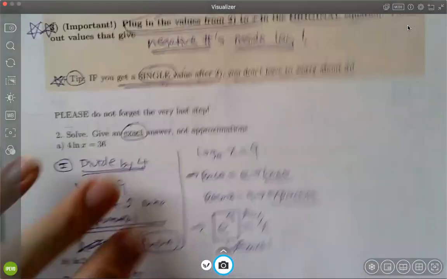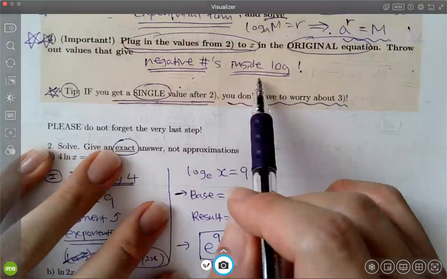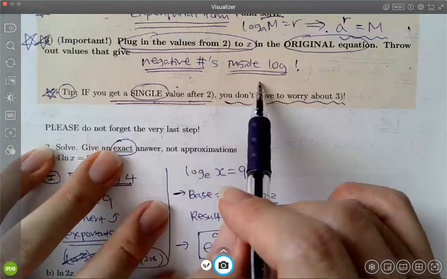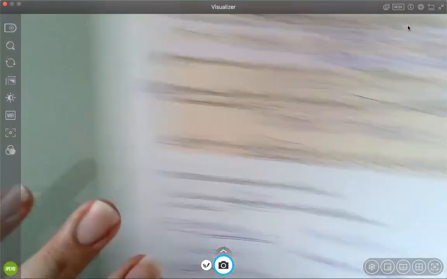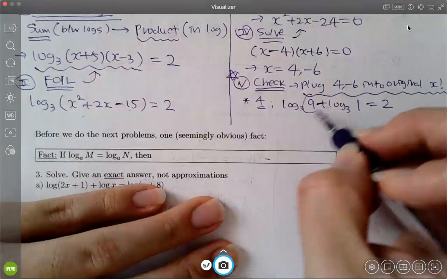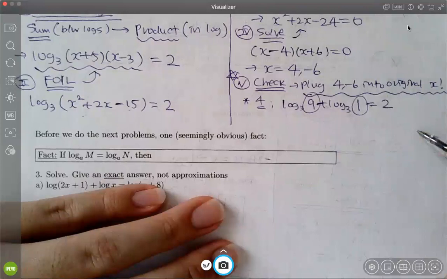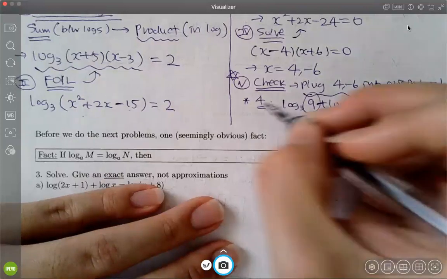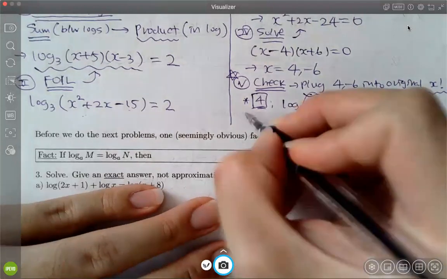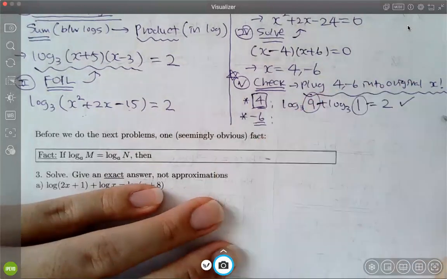The negative numbers within the log, right? So what does that mean? If we don't see any negative numbers within the log, we are good to go, right? Okay, so what do you notice here? Do we see any negative numbers within the log? No. Okay, so that's good. So 4 is a valid answer.